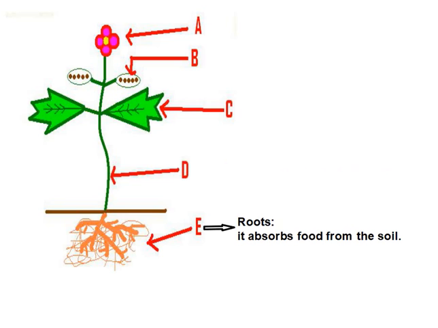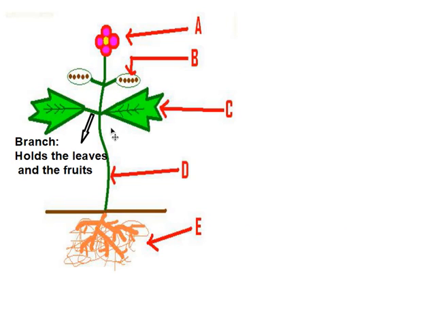Lastly, the roots. The roots of the plant absorb water and other minerals that serve as food to the plant from the soil. That is the work of the roots. They absorb water from the ground to the plant. Then we have the branch of the plant.